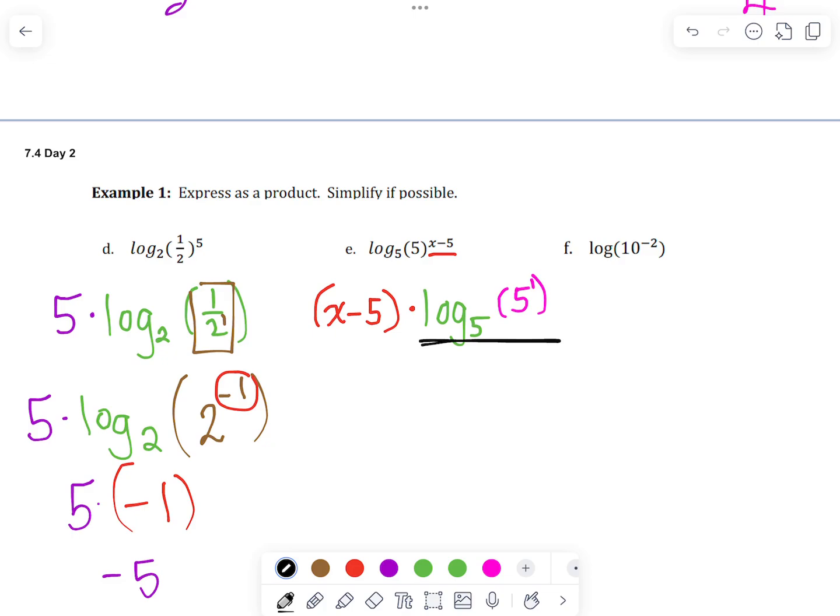These two are inverses of each other, logarithm base 5, exponential base 5. So they cancel each other out, and we're just left with the number 1. And then x minus 5. Now what we do is distribute that 1 to your binomial in the red, and you're just left with x minus 5.